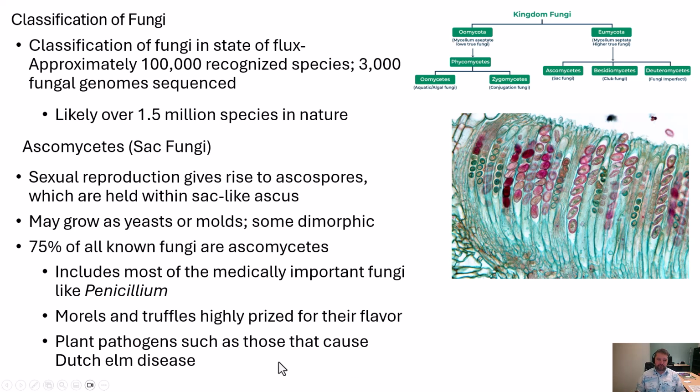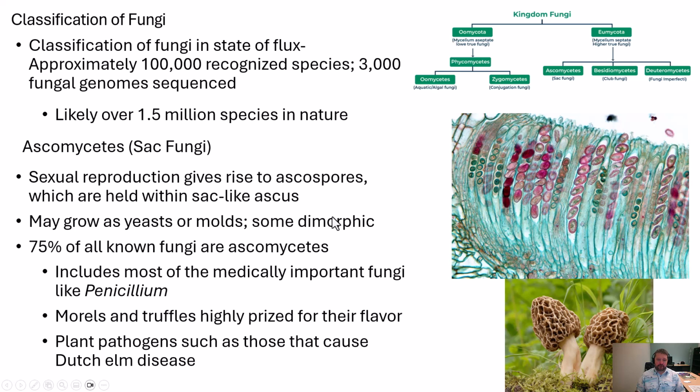But other things like morels and truffles are all part of this group, and there are other things like diseases that are pathogens in this group. So again, 75% of the recognized species fall into this group. So you can imagine that a lot of species that are important to us fit under sac fungi.